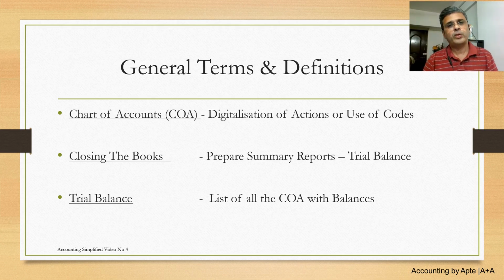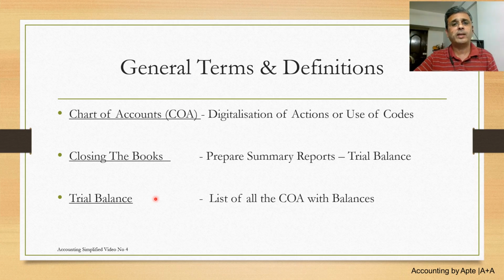What happens during closing? All adjustments take place, and along with the adjustments, whatever is the balance in the ledger accounts, those balances are transferred to trial balance. And trial balance is our next general term which we use in our day-to-day life.